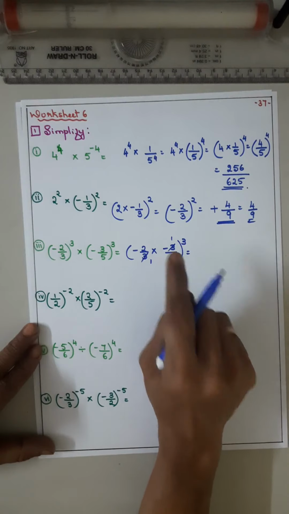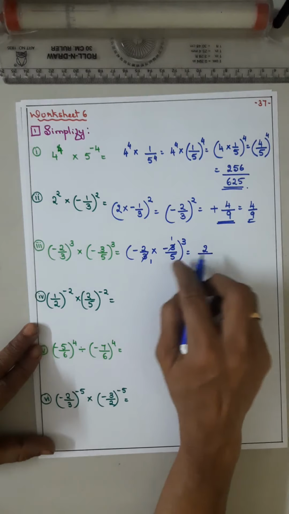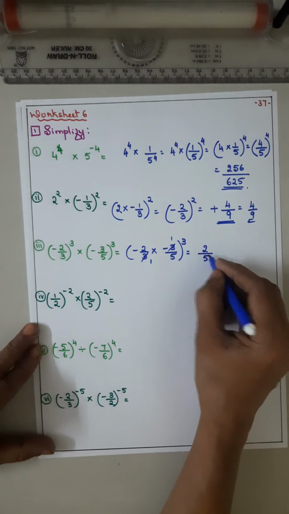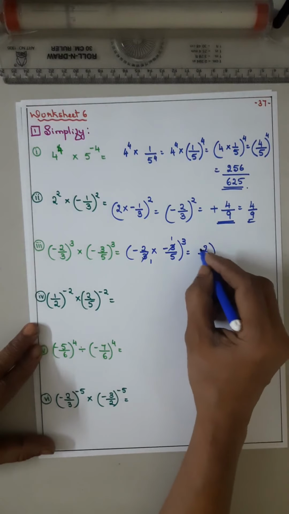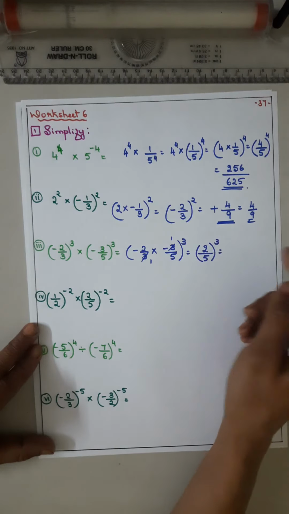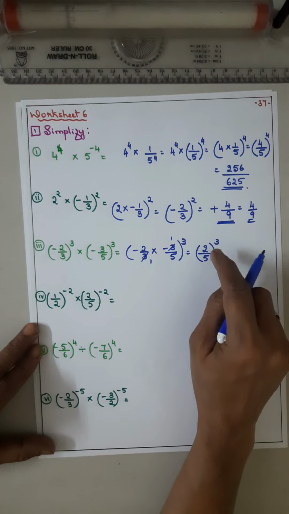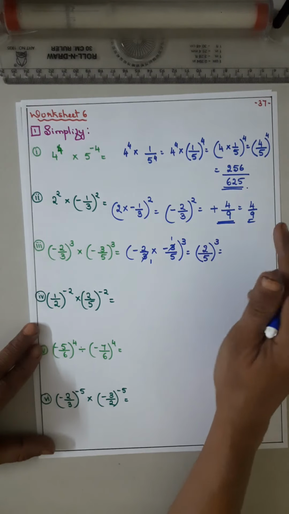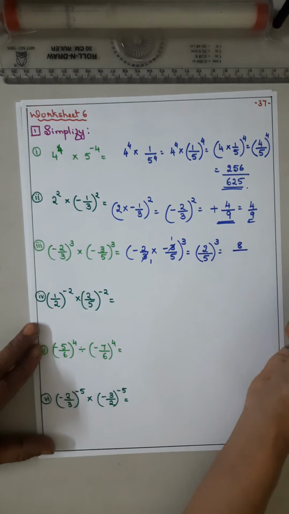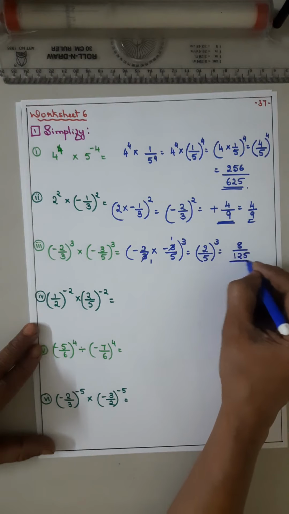Minus minus becomes plus. 2 ones are 2, 1 5s are 5. Now raised to 3, how much does it become? 2 2s are 4, 4 2s are 8, 5 5s are 25, 25 5s are 125.